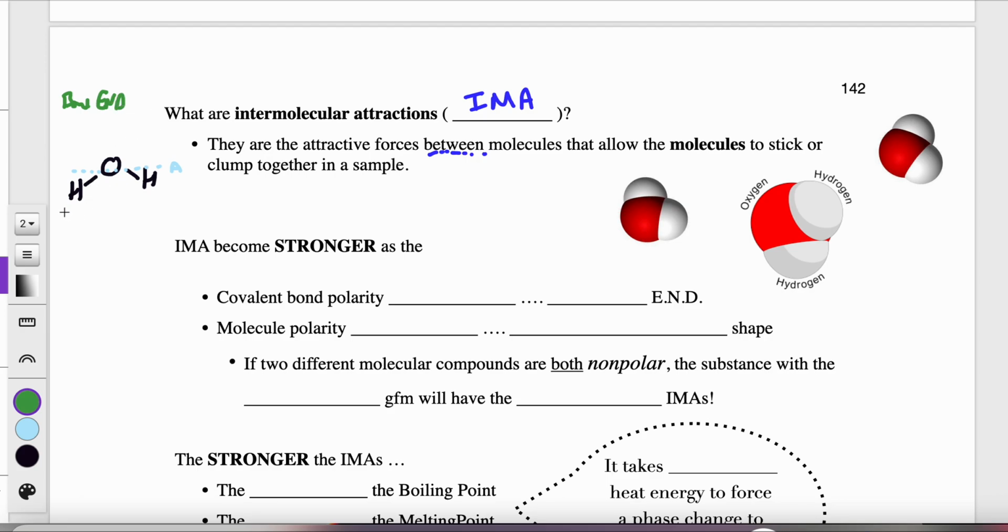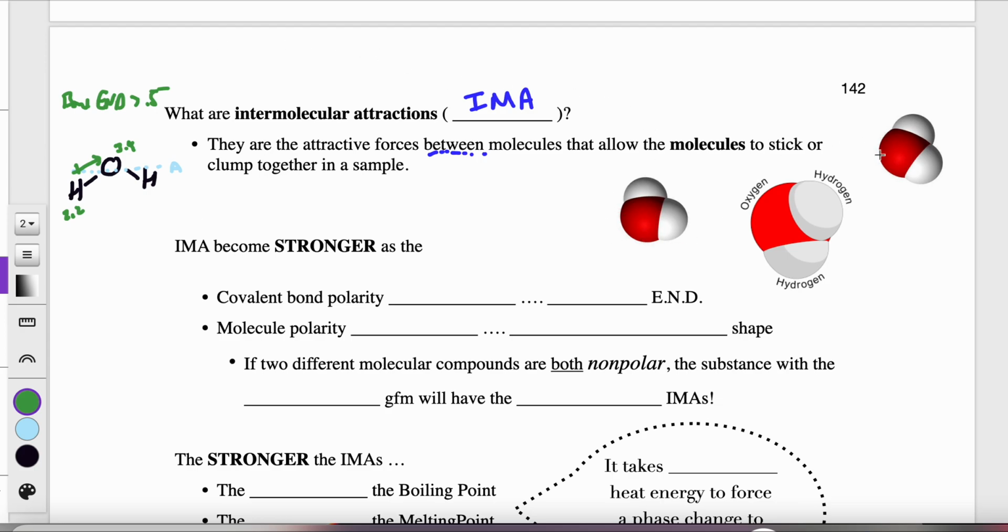Hydrogen with an electronegativity of 2.2 and oxygen around 3.4 or 3.6, they're very different. The END here is greater than 0.5. So the electrons shared between hydrogen and oxygen get pulled towards the oxygen, and we have a lopsidedness.